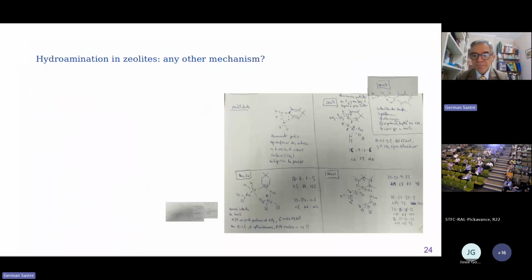Okay, so now just to show you, handwritten, how difficult it is to find transition states and reaction paths. And here there are some of the possibilities that did not work. Okay, so for instance, one of the possibilities is the interaction of the ammonium cation with the carbon-carbon double bond without the participation of the amine, and this is not working. This is giving a very high activation barrier.